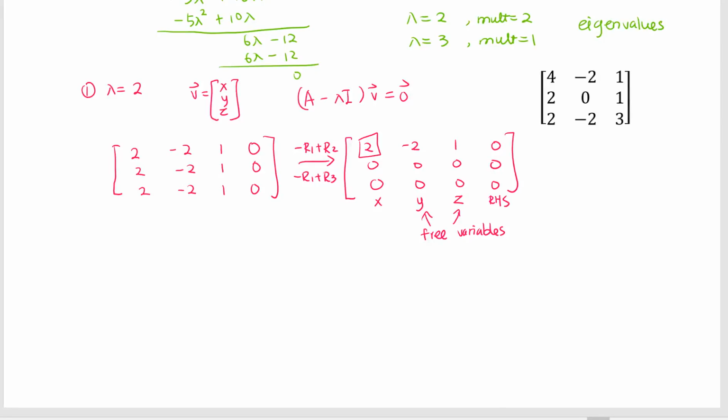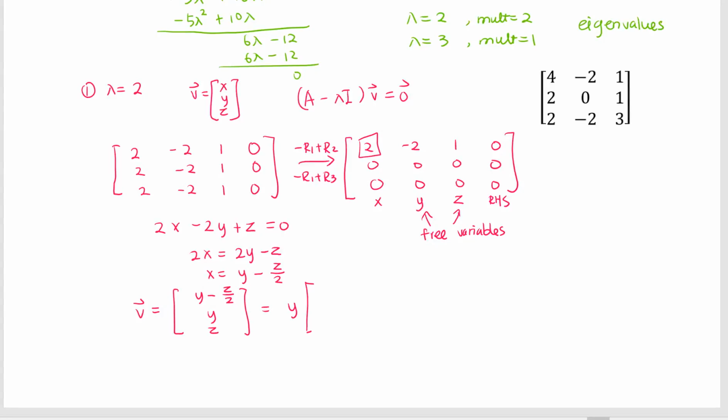Okay, so we have 2x minus 2y plus z equals 0. So 2x is 2y minus z, so x is y minus z over 2. Okay, so we get v is y minus z over 2, y, z. What is the coefficient of y?